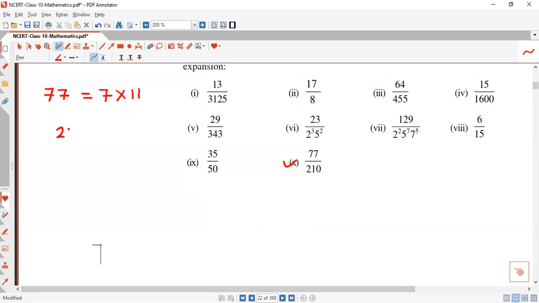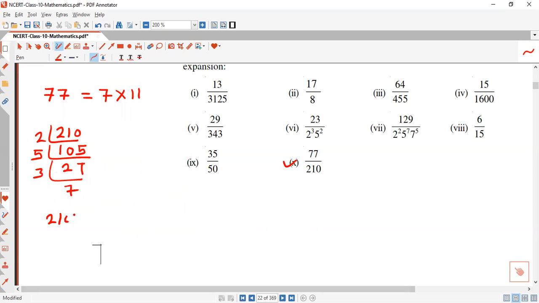And now we do the factors of 210. 210, divide by 5, it comes 42. Then 42 is 2 into 21, and 21 is 3 into 7.